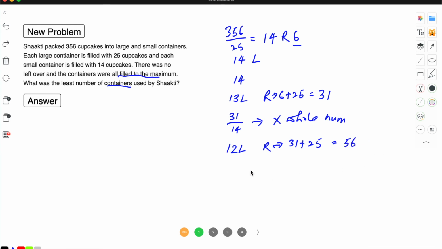Now let's try to divide 56 by 14. This time I think we are going to get a whole number, 4. So now we know that we're going to use 12 large containers and 4 small containers. So that's the answer to our problem.